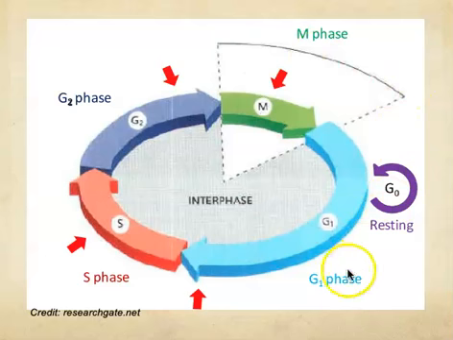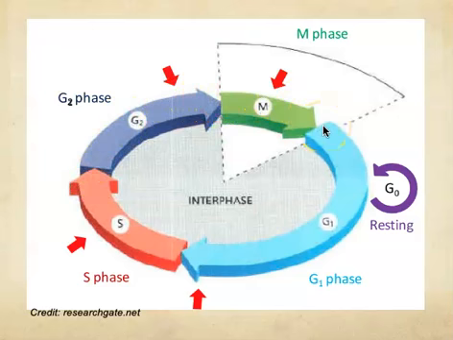So we draw this process as a cycle, repeating around and around again. It starts with G1, moves into S, then into G2, and then into M.